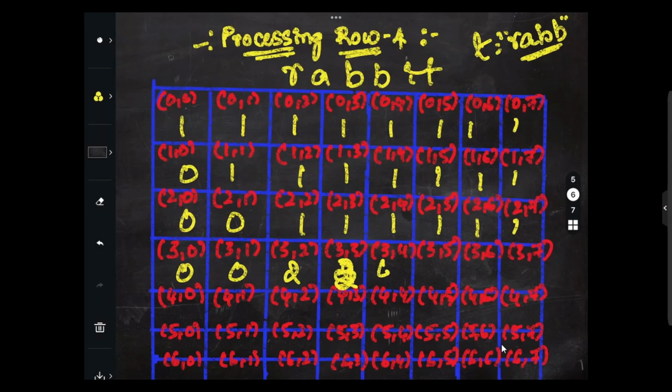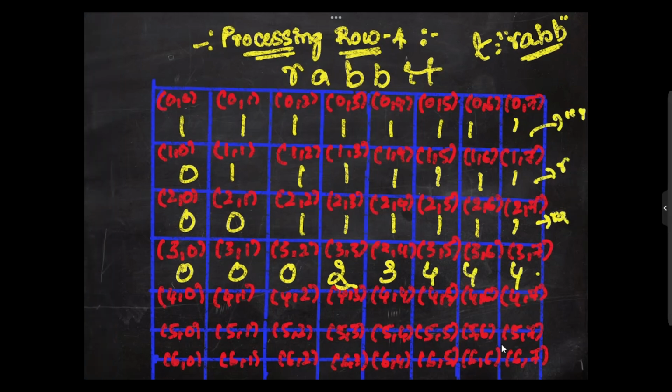So this one will be one more 0 here. So this has to be 0 itself. 2 3 4 4. In this case, this is for empty string, this is for R, this is for RA, and this is for RAB, and this is for RABB, right?